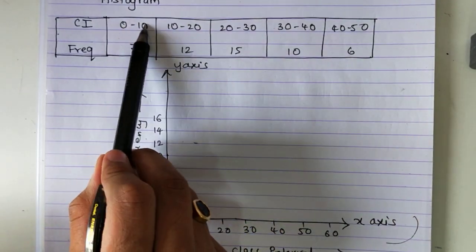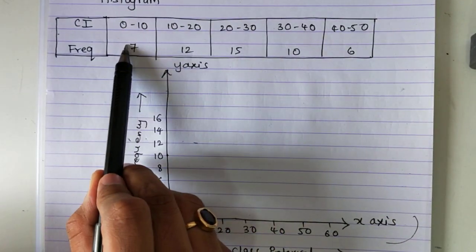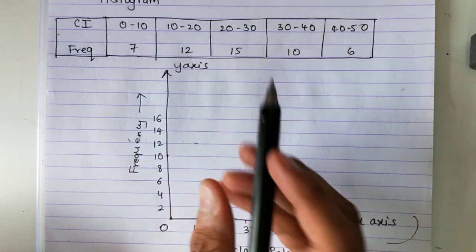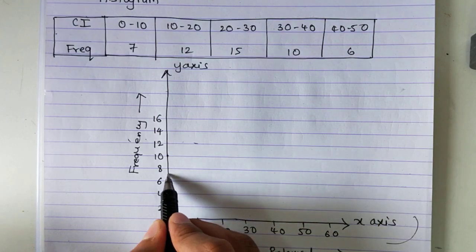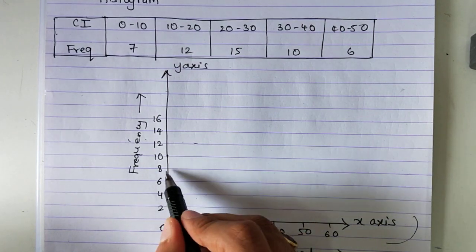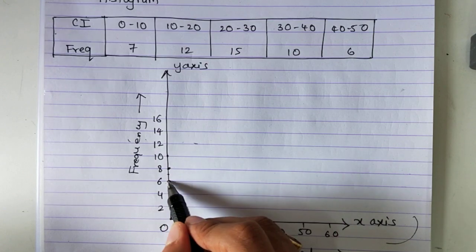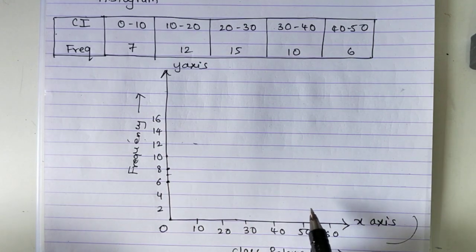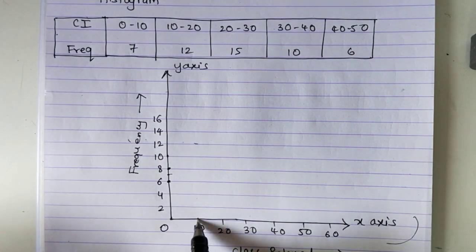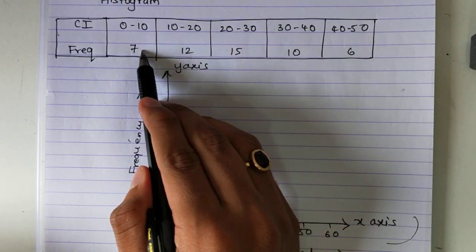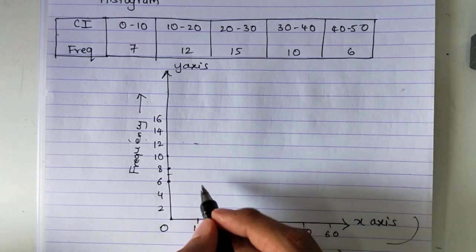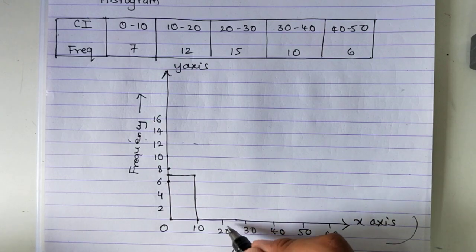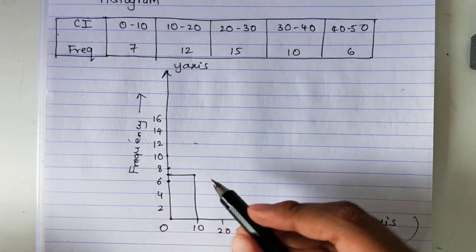See, between 0 to 10 the frequency is 7. So 7 means here this is the 7. This point is 8 and this point is 6. So 7 will be between 8 and 6 here, correct? From 0 to 10 the frequency is 7, which means I will draw a bar like this, whose height is the frequency.